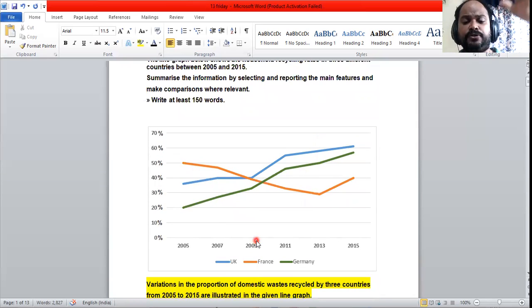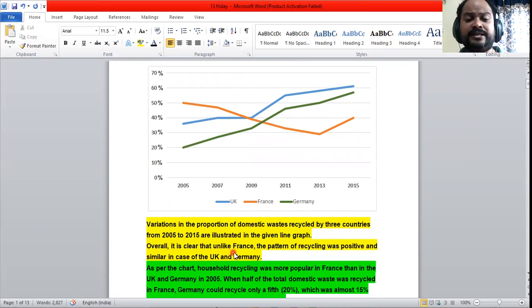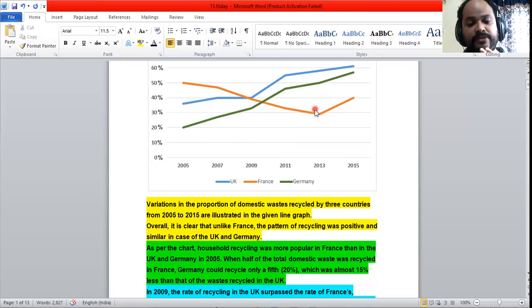Variations, you can see, in 3 countries between this point and this point. Overall, it is clear that unlike France, the pattern of recycling was positive and similar in case of UK and Germany.